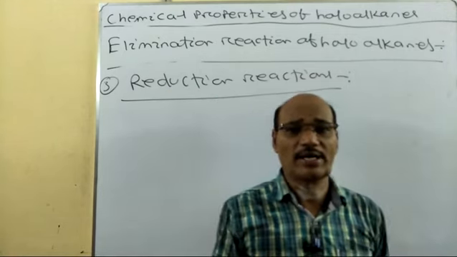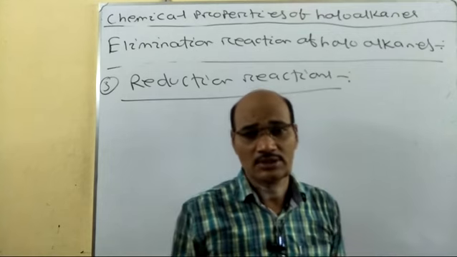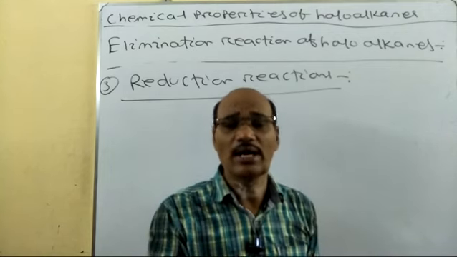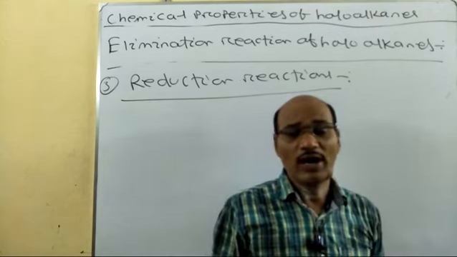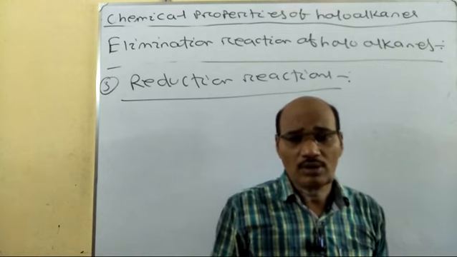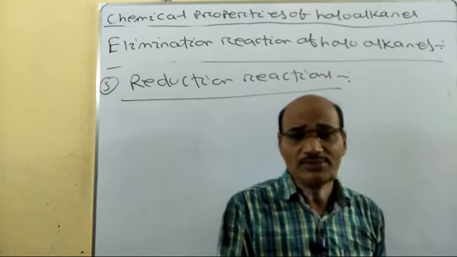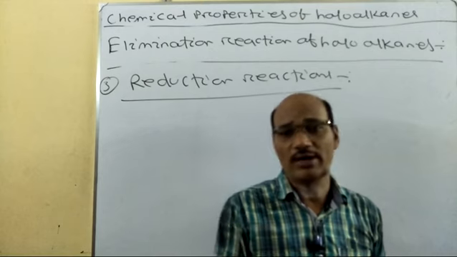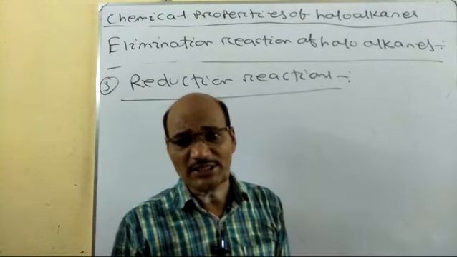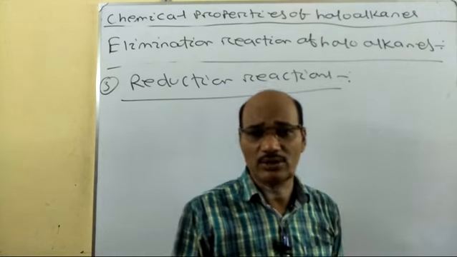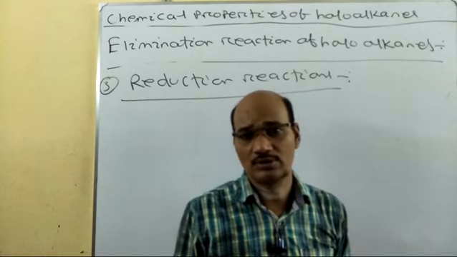The addition of hydrogen. In organic chemistry, reduction reaction means addition of hydrogen. So what we are doing here? We are adding hydrogen to the haloalkane, and this addition of hydrogen can be carried out in two ways.